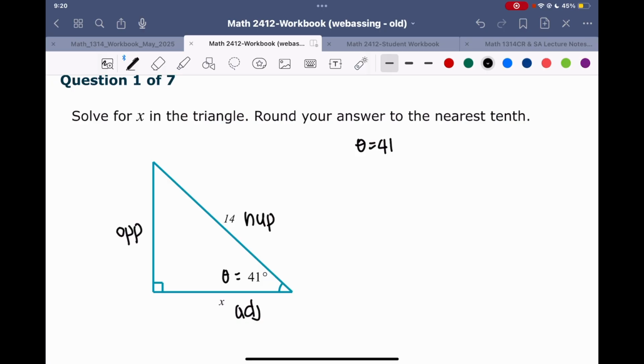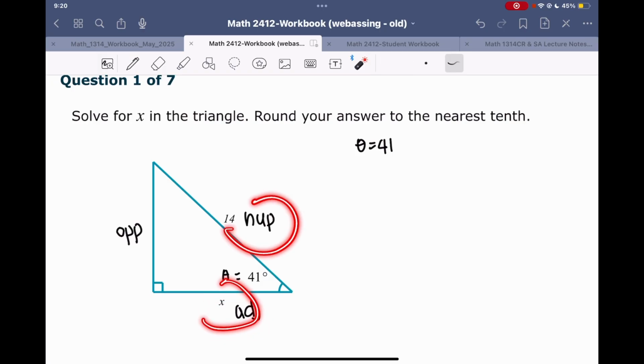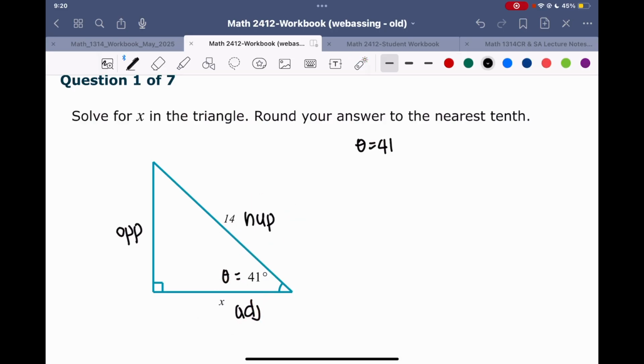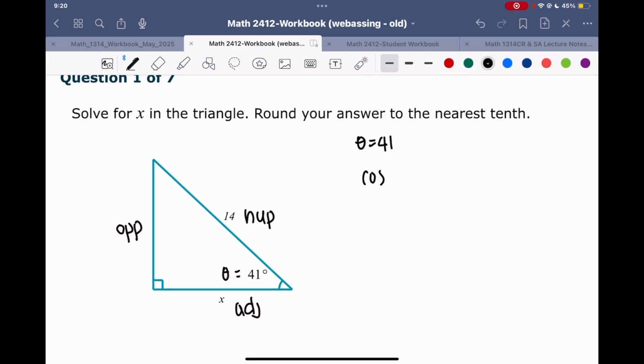And because we're trying to find adjacent, we want to do adjacent over hypotenuse. So that's going to be cosine. So cosine of 41 equals x over 14. And then you're going to cross multiply. Cross multiply cosine of 41 times 14 and then x.